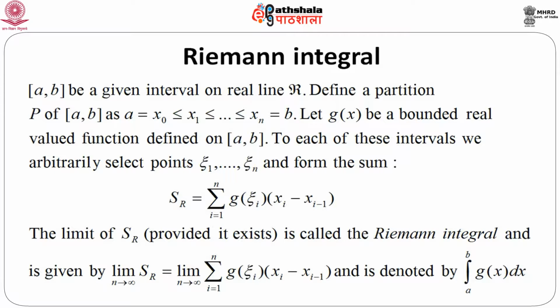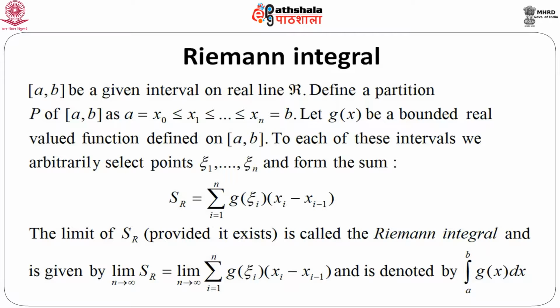Now since this is a sum, we can arbitrarily change the value of n. That means we can consider a large number of points within the interval a b, and refine a partition of a b by inserting more points. So n can vary, or n can go up to infinity.